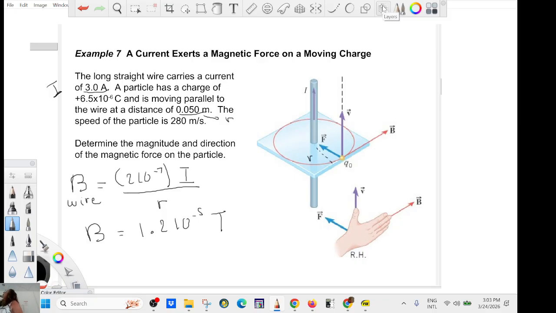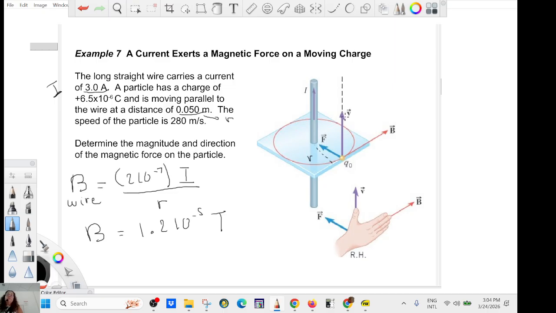Again, the current is going up, the magnetic field is circling around. That's your first right hand rule. So the magnetic field is going to be in this direction, but it's all around. It's tangent to that circle everywhere. But then here you have a positive charge, so that will be the third right-hand rule.